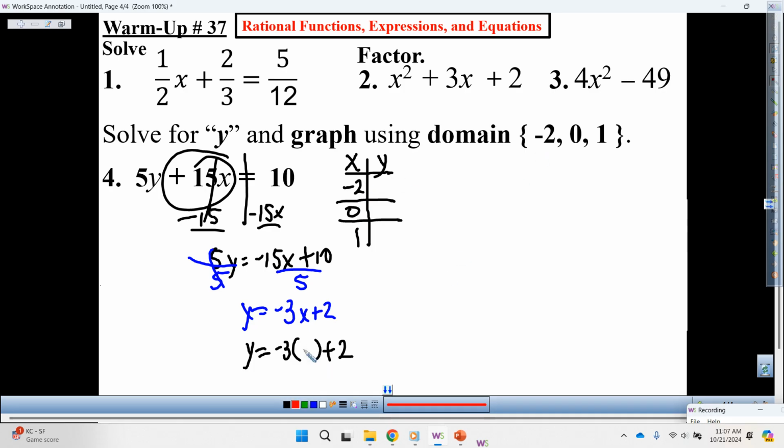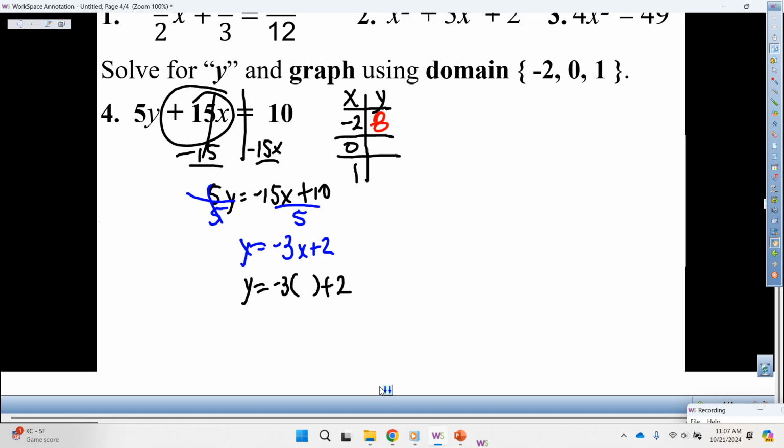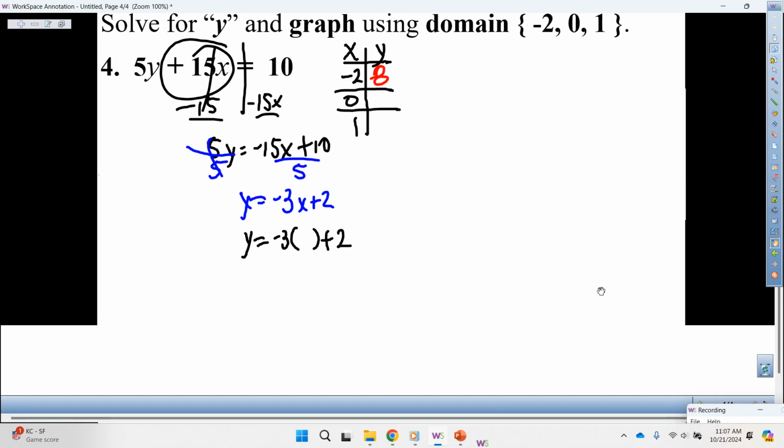Negative 2. If I substitute negative 2 here, what is negative 2 times negative 3? 6 plus 2, 8. Let me move this up for those of you in the back. There it is. Next one, 0. What is negative 3 times 0? Plus 2? 2.